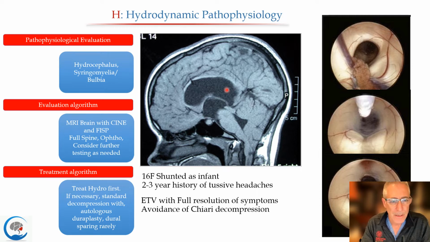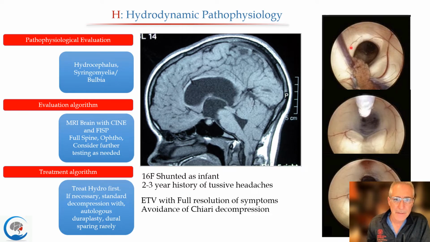And so before jumping to decompression of the cervical medullary junction and doing a classic Chiari decompression, we took advantage of the fact that we thought underlying CSF pathophysiology was at play here. And instead of revising the shunt or doing the Chiari, we did an ETV, which is a minimally invasive procedure where we divert CSF flow.